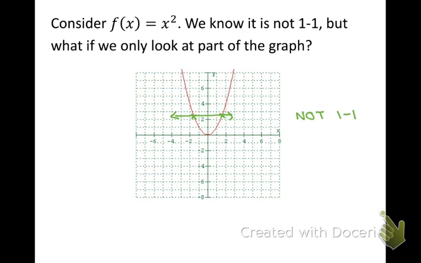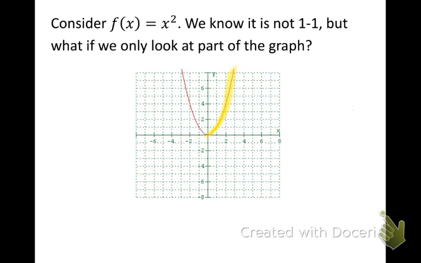Okay, but let's think about what would happen if we only looked at part of this graph. What if we only looked at when x was greater than 0? So we're only looking at this right-hand side of my parabola.